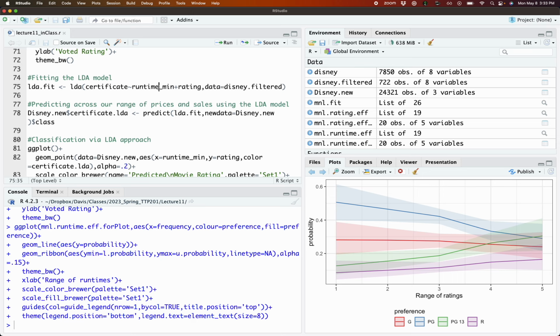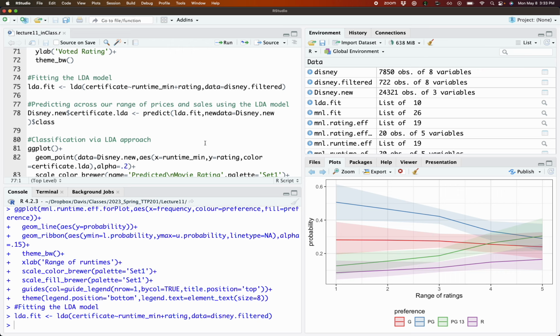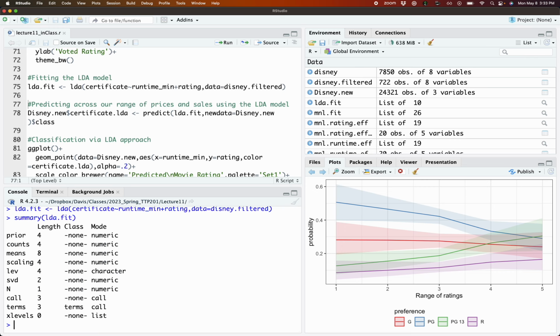Okay, so LDA, run the model like this. It's pretty similar to a lot of the stuff that we've been doing. You use the LDA function instead of LM or GLM. So I can run this, and the terms here don't use coefficients in the traditional sense. These are actually looking at priors in your Bayes theorem that it was calculating and solving against.